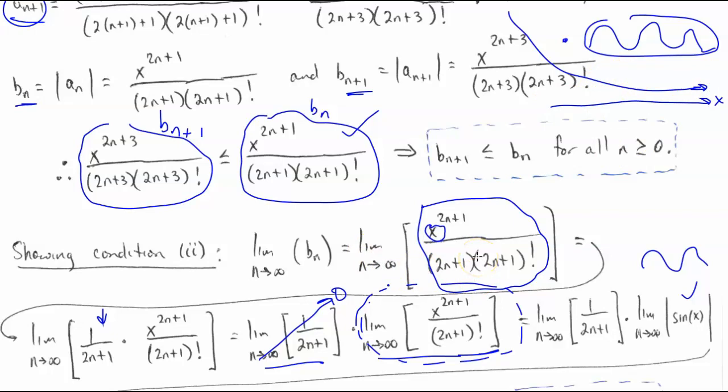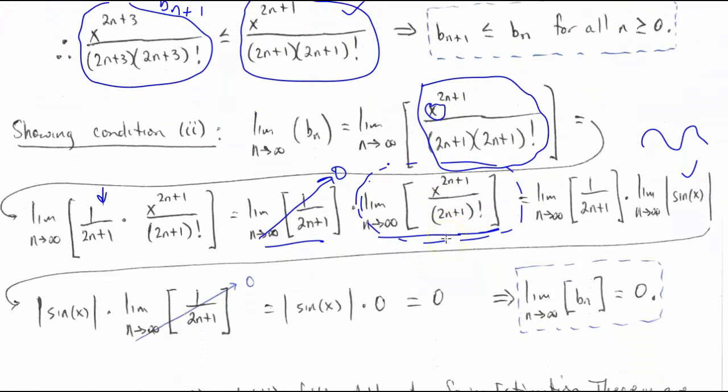Okay, and so this is why this particular limit here, this sine of absolute value of x, I left the limit off, but really this would be a does not exist kind of case.